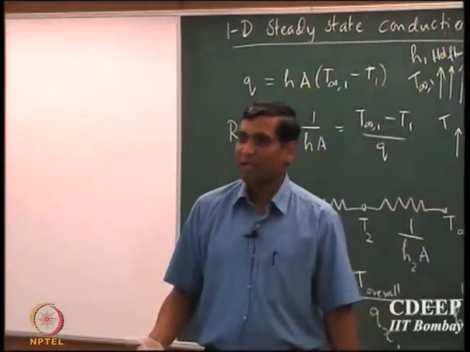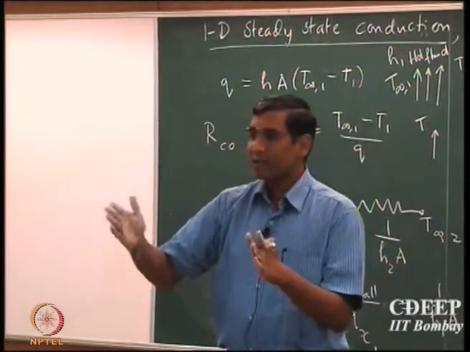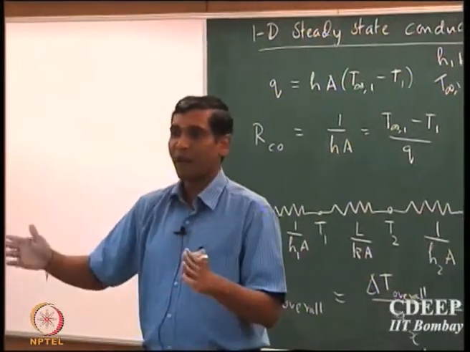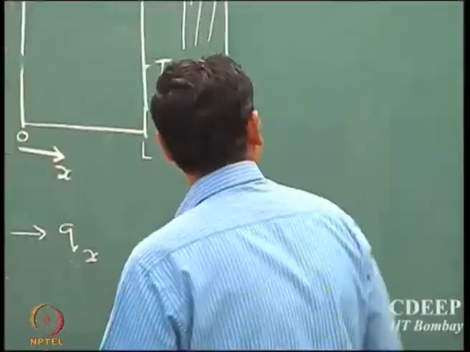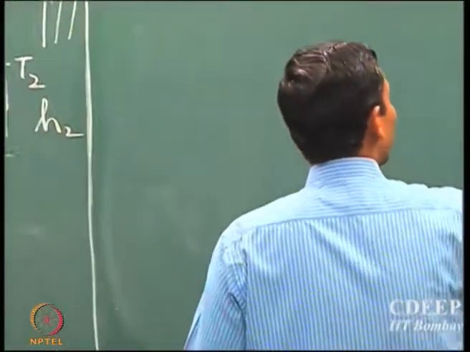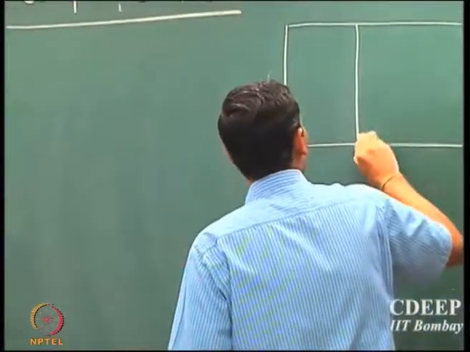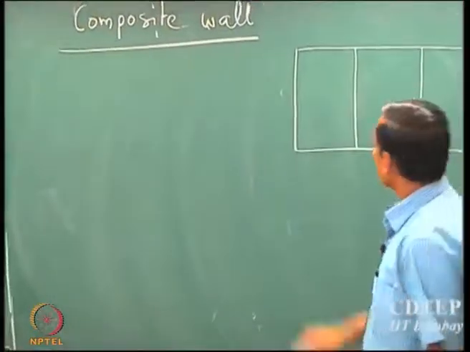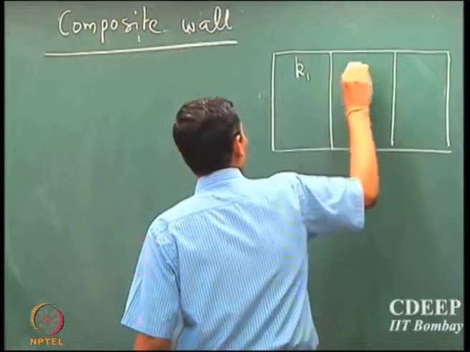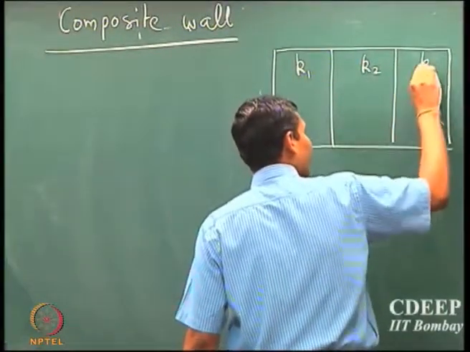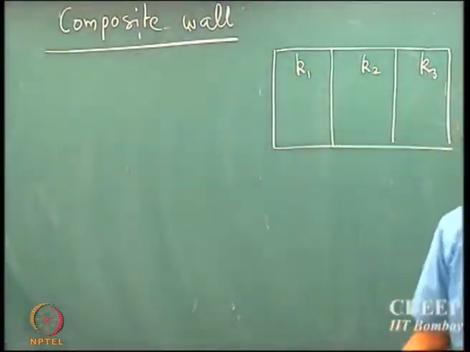An insulator is usually stacked with different walls, each of which has different conductivities. It is very common to design systems with multiple walls that have different properties. So you can have K1, K2 and K3.